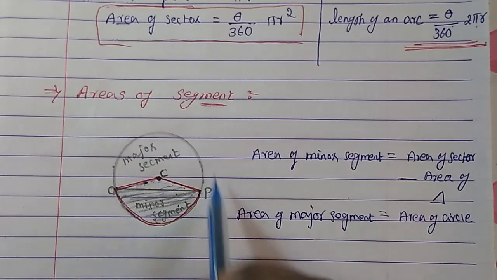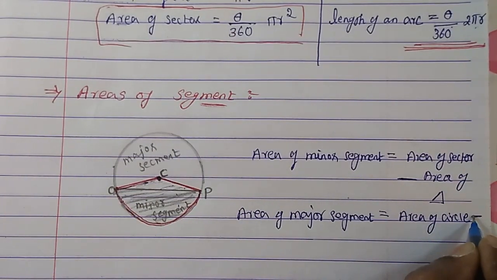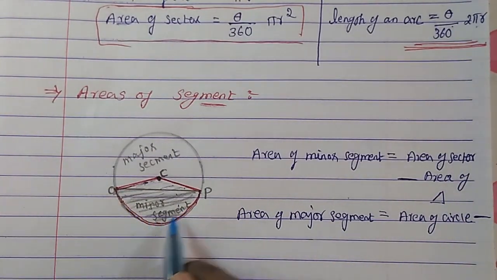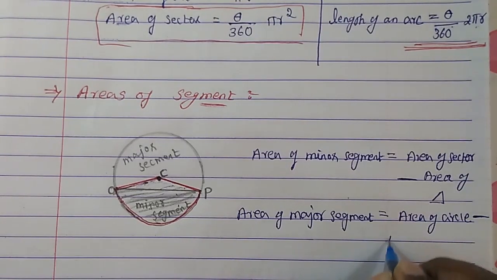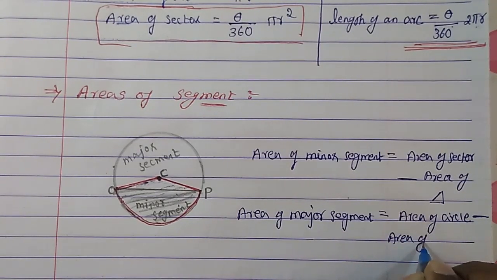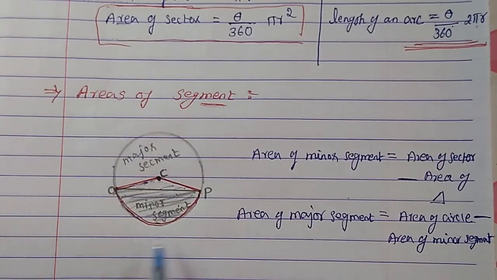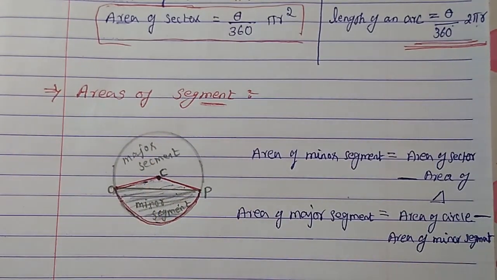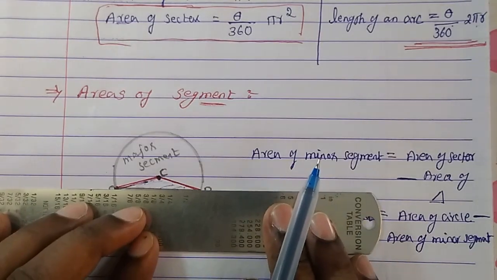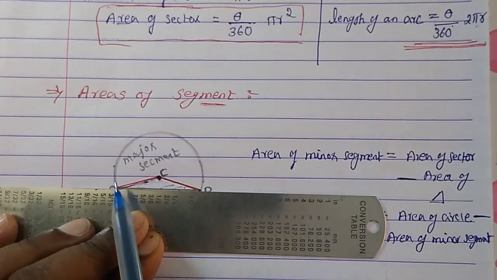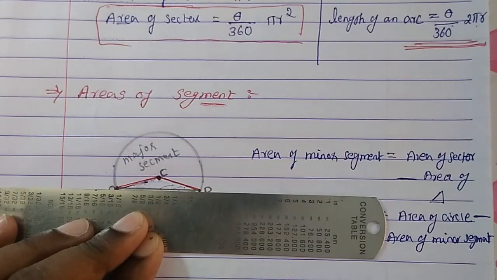From that we subtract the area of the minor segment, and then we get the area of the major segment.